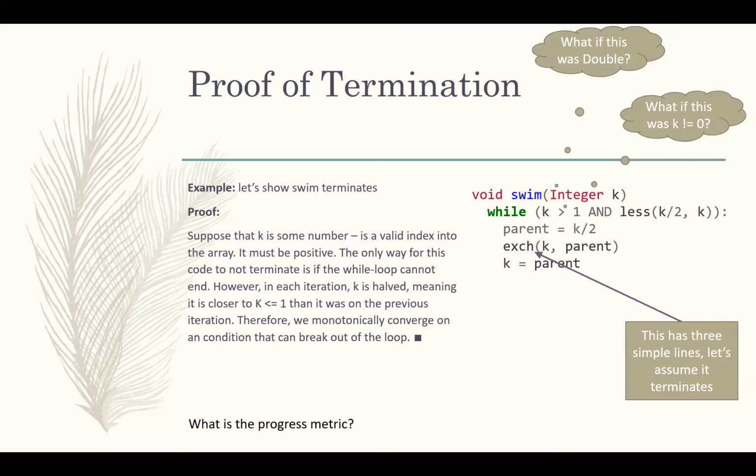This again is meant to be a very simple example. I have the pseudocode just on the right hand side. I know you already kind of know how swim works. So looking at that code for a second, is there a good variable I could use to indicate the progress metric?